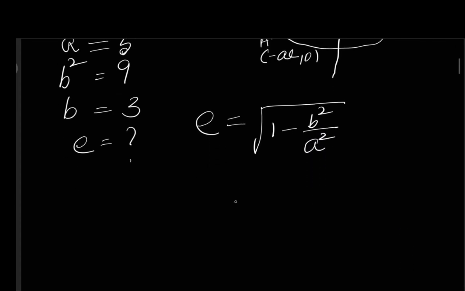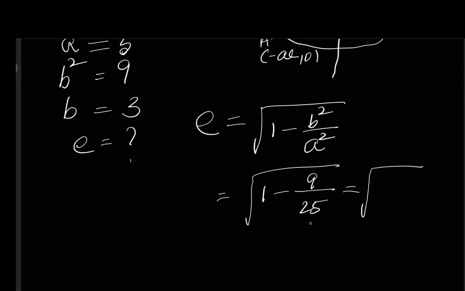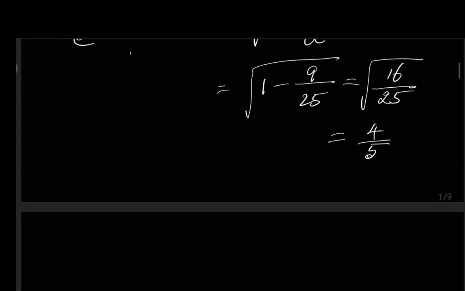E is equal to root of 1 minus B square by A square. So 1 minus B squared is 9, A squared is 25. Simplify this. 25 LCM. 25 minus 9 is 16. Therefore 4 by 5. So E value is equal to 4 by 5 here.